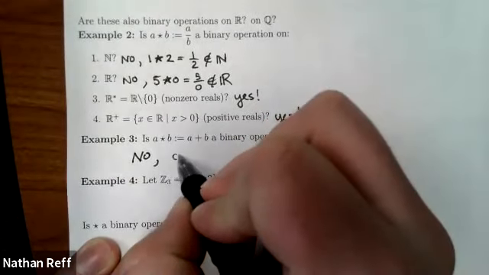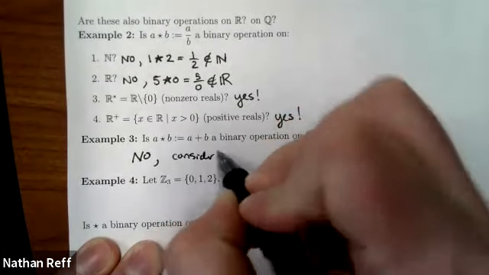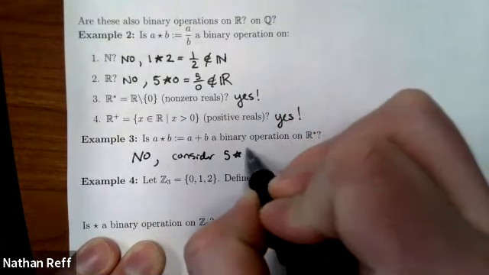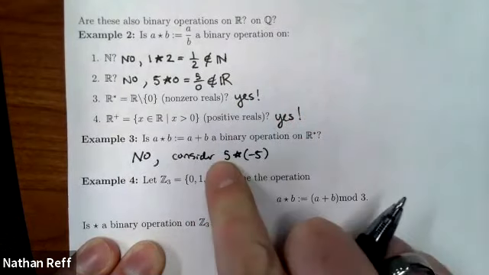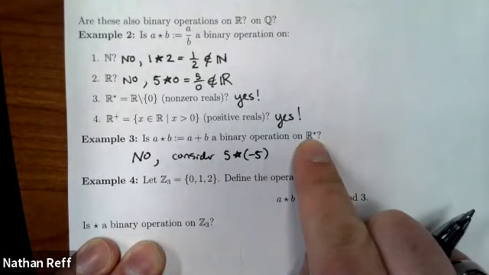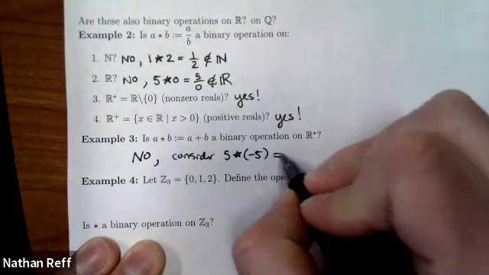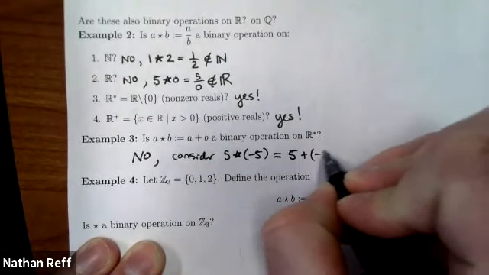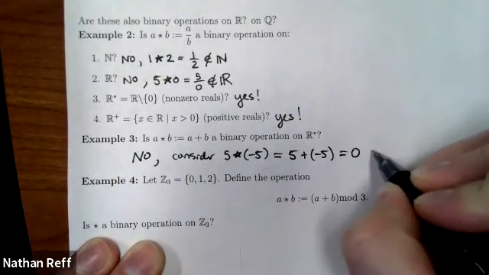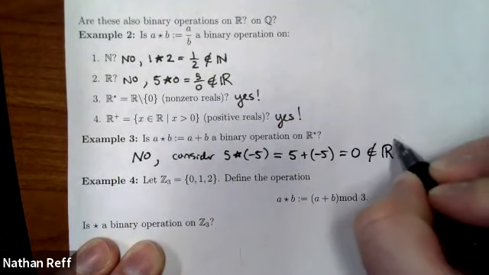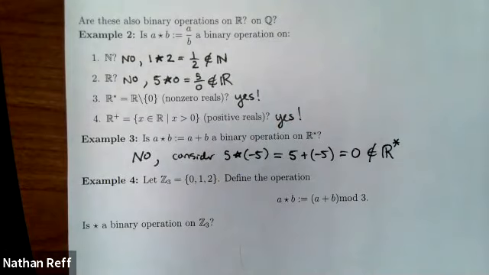Good. Consider 5 star -5. Certainly 5 and -5 are non-zero real numbers, right? But if I add them, I will get 0, which is not an element of the non-zero reals.